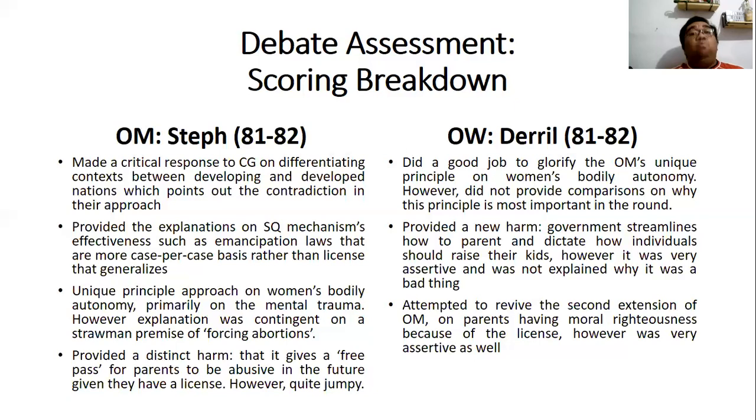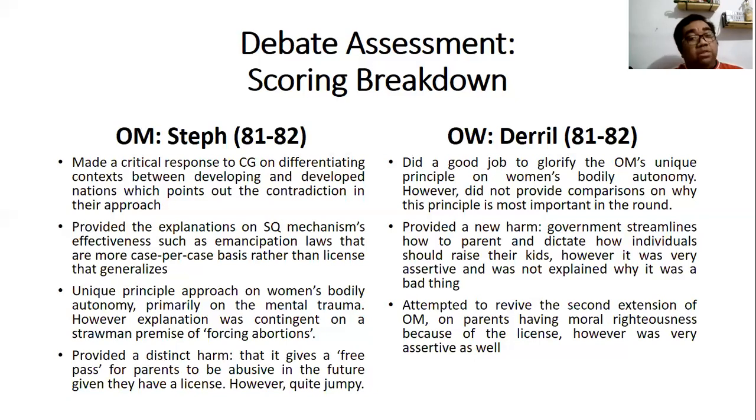And then they explained why emancipation law is likely to be effective, because the approach is more case-per-case rather than a license that usually generalizes people's circumstances. We felt that that was far better in comparison to the opening opposition, for instance, that only shoplisted alternatives but did not explain why those alternatives would necessarily work.